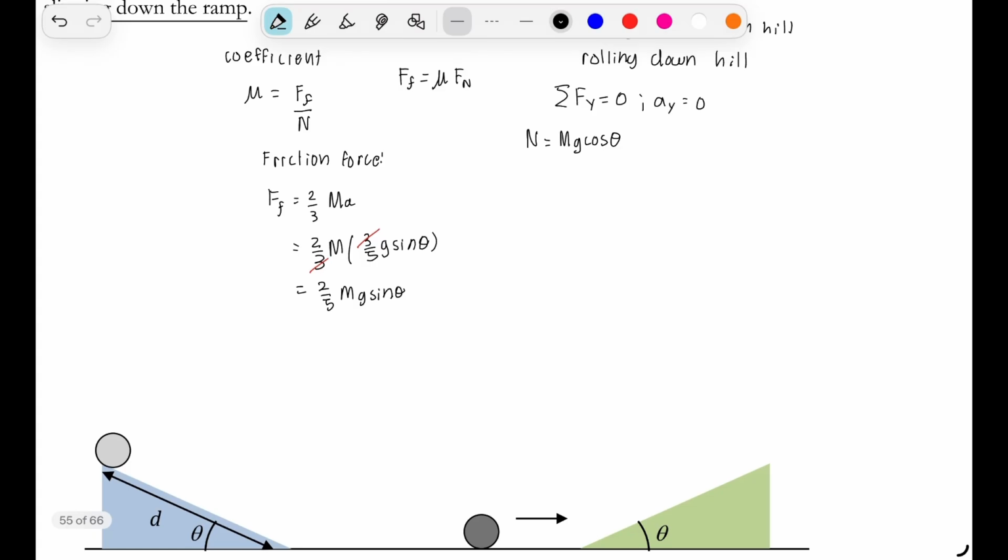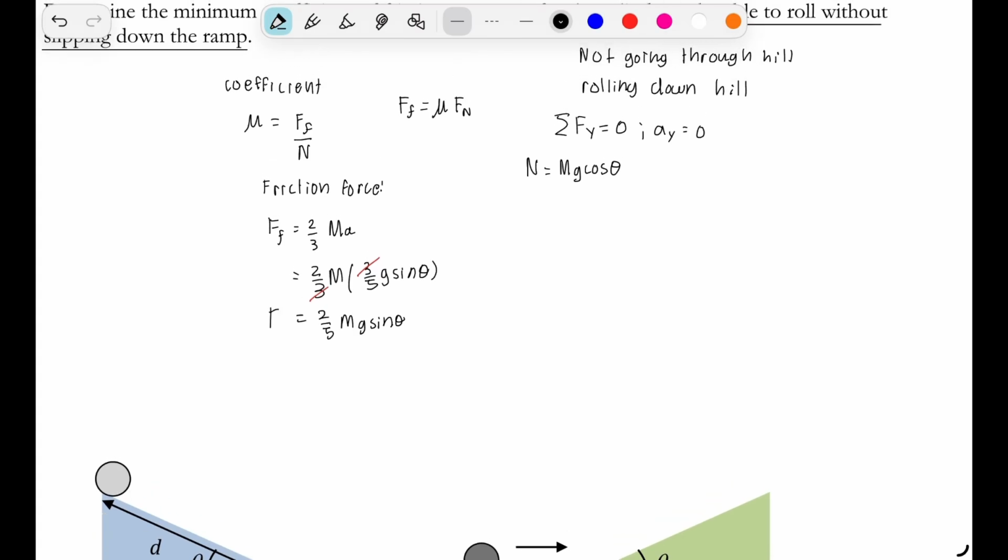Now after this, we can plug this into our equation because now we have both F_f and we also have your normal force. So mu is going to equal 2 over 5 mg sine of theta divided by mg cosine of theta.